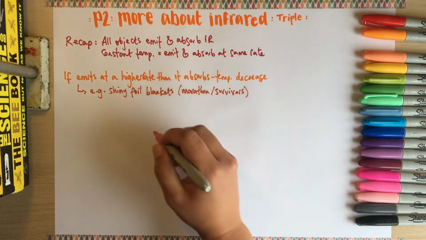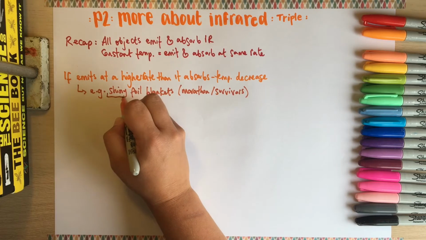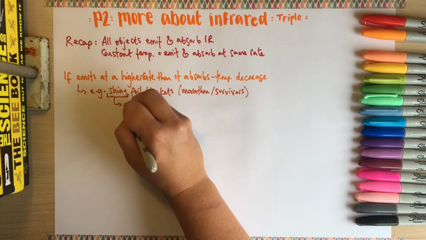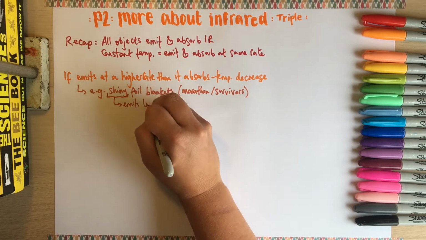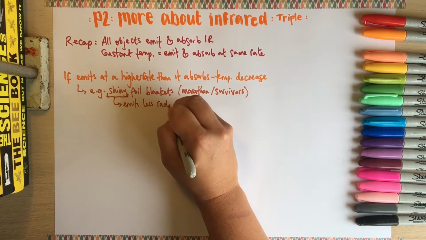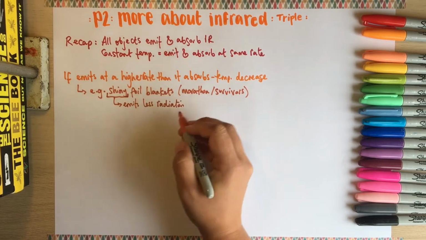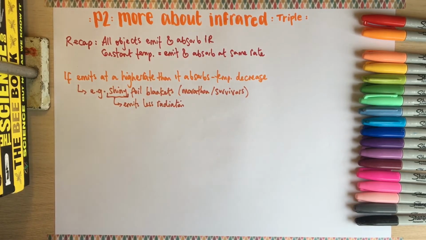So what they do is, because it is shiny, it emits less radiation in the same amount of time, so it decreases the rate of emission.